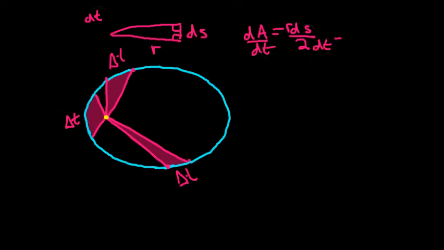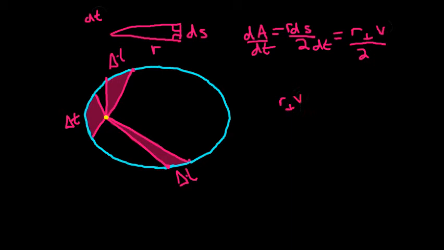A very small area that it travels is equal to r times ds over 2. And then we can divide both sides by dt, and you get r times ds over 2 times dt.